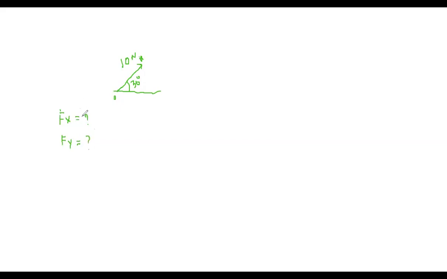The component which is parallel to the x-axis is called Fx, and the component which is parallel to the y-axis is called Fy. In the last video we derived the formula that Fx is equal to F cos theta and Fy is equal to F sine theta.